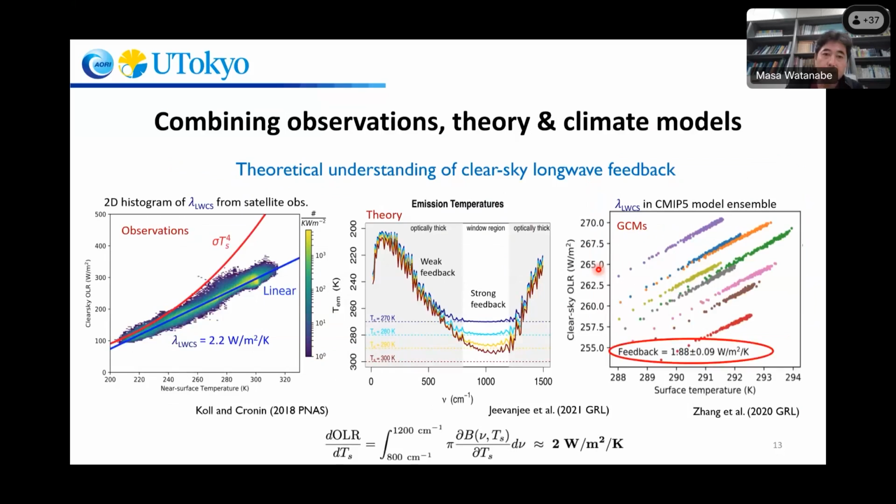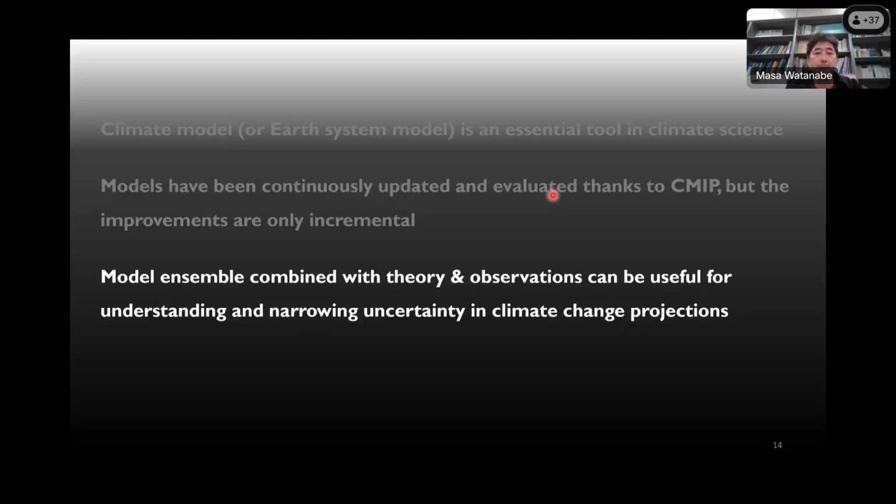And ideally, we could combine theory, observations, and climate model simulations to understand the climate feedback or climate change aspects. This is the example of the clear sky longwave feedback, but I need to skip this.